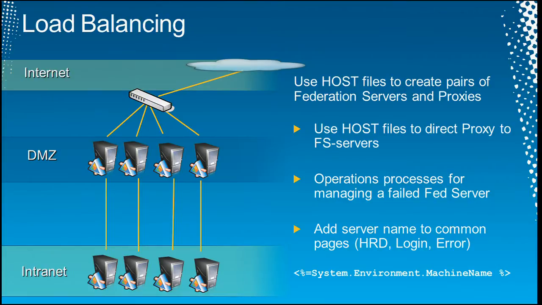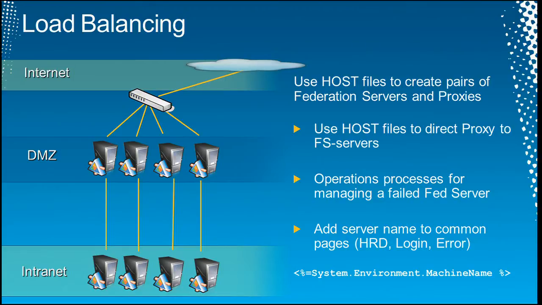And so what this does is that this has created for us operational processes for managing a failed Federation server. So let's go left to right. Let's call them FS1, FS2, FS3, and FS4. I have a proxy, FSP1, is tied to FS1 and FS1 only.